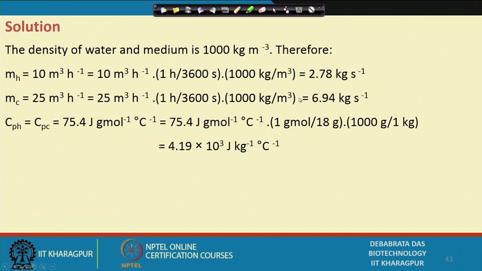We can easily do that, because we know the density of water is 1000 kg per cubic meter. Similarly, we can convert the flow rate of cooling water, which is 6.94 kg per second, and the specific gravity of cold and hot water can also be converted into SI units.